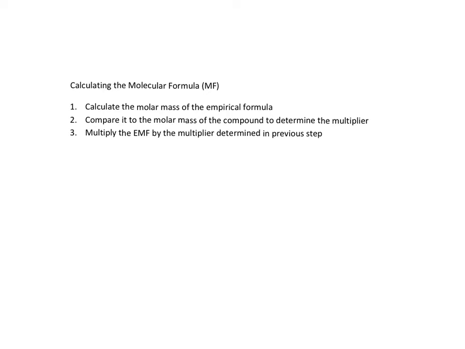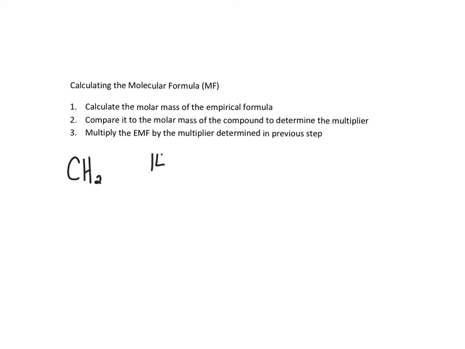So let's say you figure out your empirical formula was CH2. That was your empirical formula. So then what you do is you figure out the molar mass of this. So it's 12.01 for carbon and 2.02 for the hydrogen.